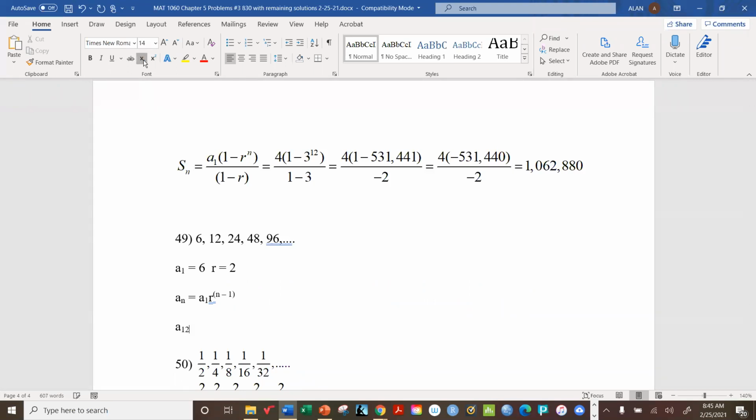A12 equals, so the first term is 6. The common ratio is 2. That will be raised to the 12 minus 1 power.